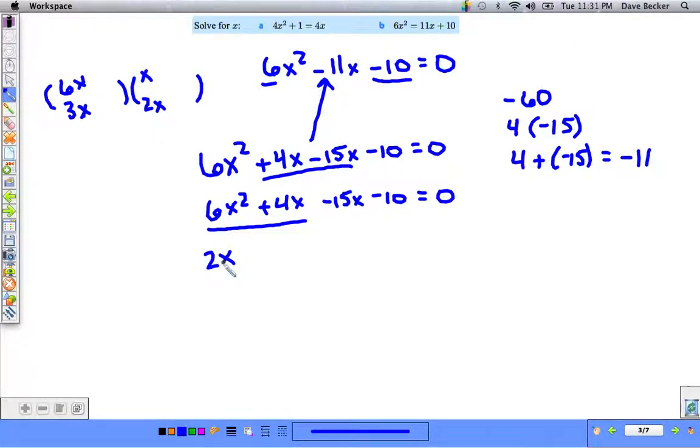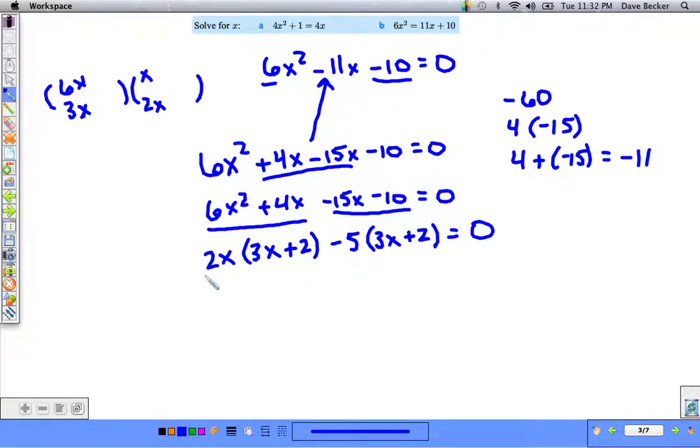They have a 2x in common, so I factor out a 2x, and I get 3x plus 2. Then I look at these two terms, and they have a negative 5 in common, and that leaves me with 3x plus 2.